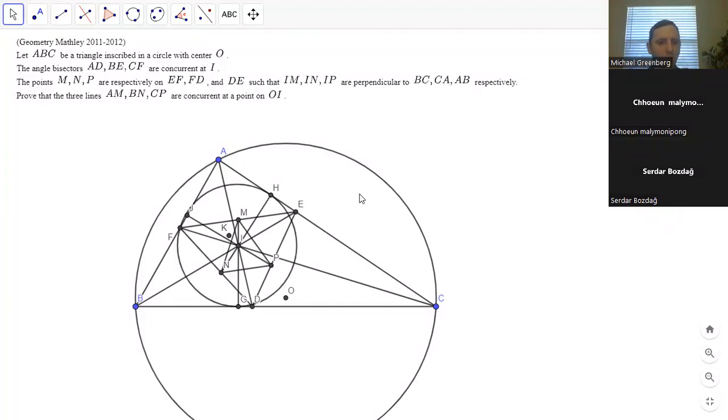So yeah. I'm just trying to see if I can use trig Ceva.